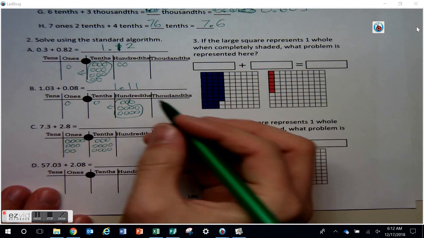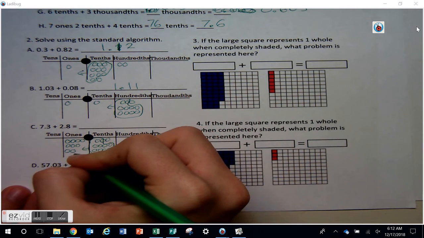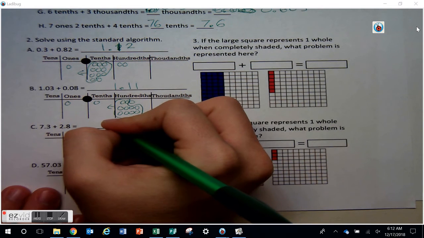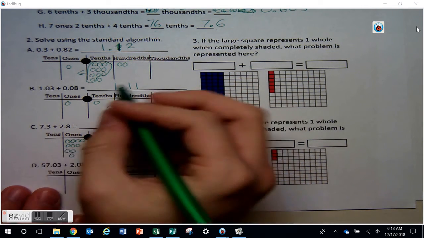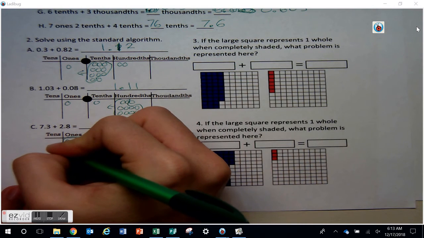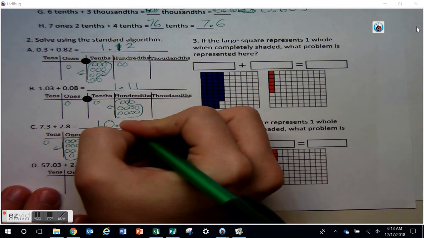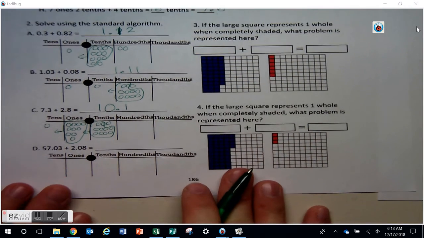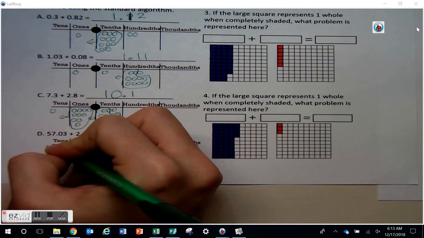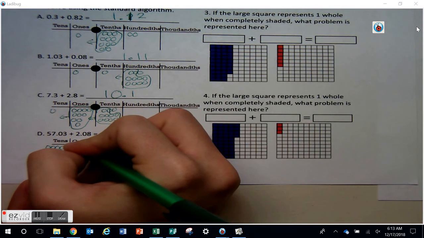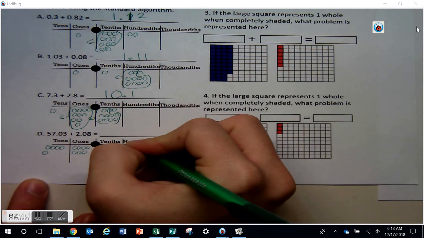Again, we're going to regroup. These will come over here. I'll get another 1. So I have 1, 2, 3, 4, 5, 6, 7, 8, 9, 10. I have to regroup all of that. Over here, I have 1/10, 0 ones, and 1/10. 57. So I have 1, 2, 3, 4, 5 tenths. 1, 2, 3, 4, 5, 6, 7 ones, and 3 hundredths.